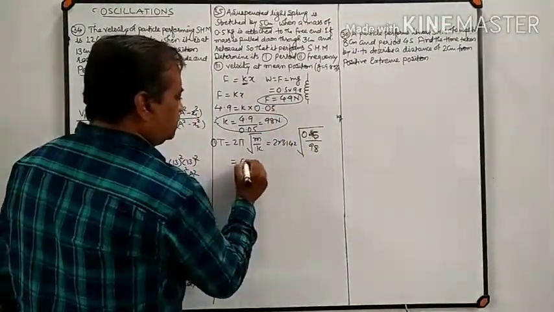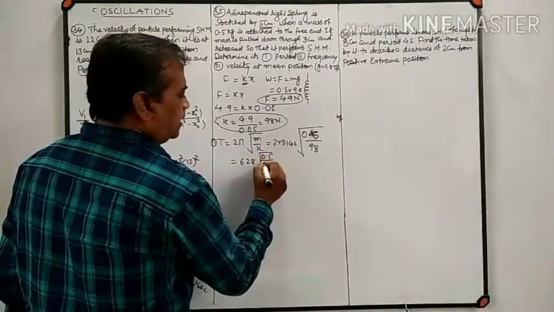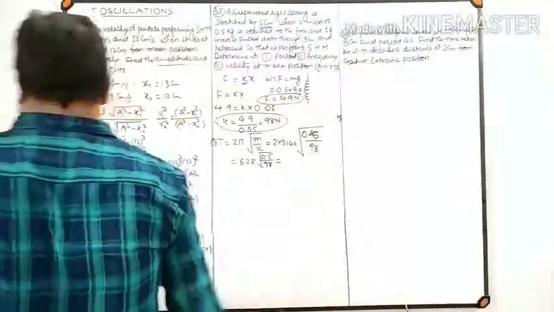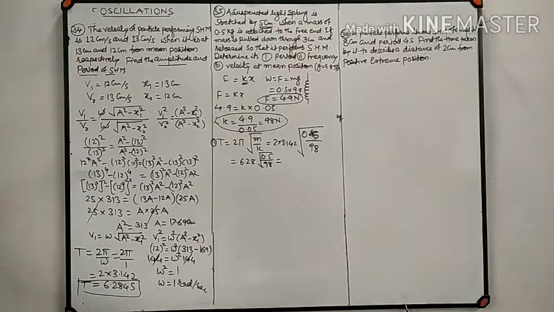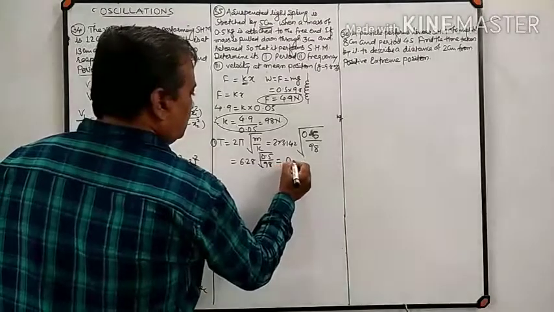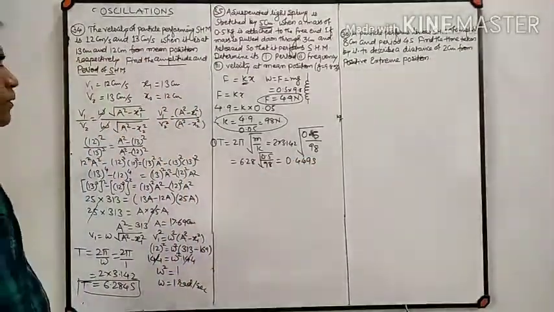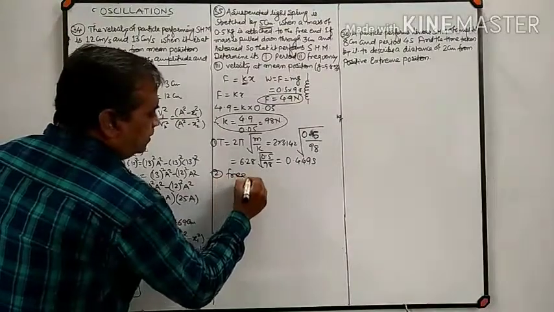Or it is equal to 6.28 into under root of 0.5 upon 98. If you calculate this, the time period T is found to be 0.449 seconds.